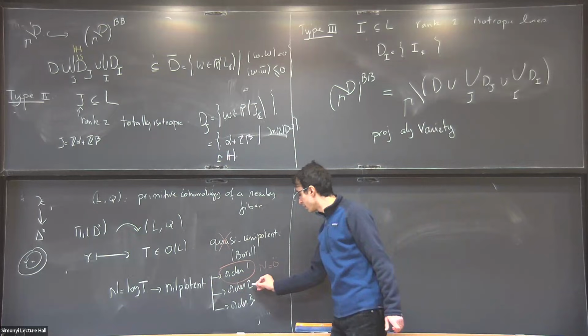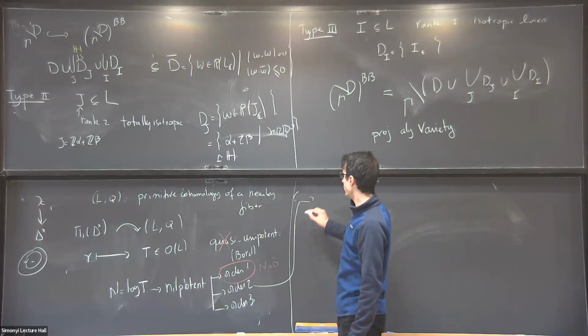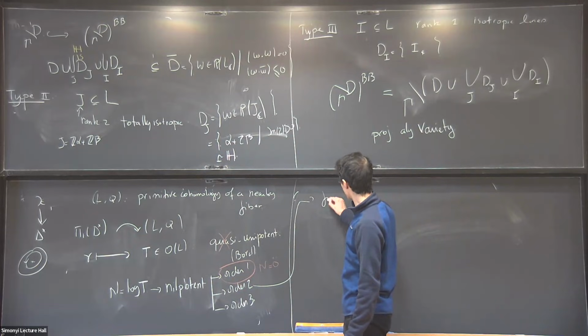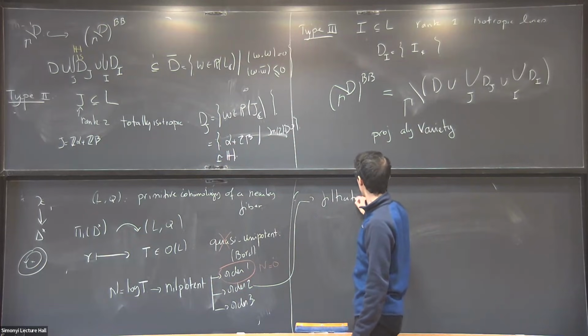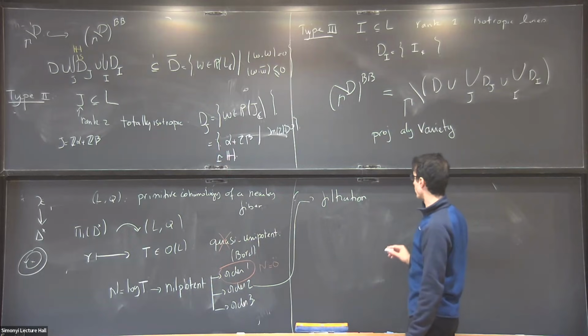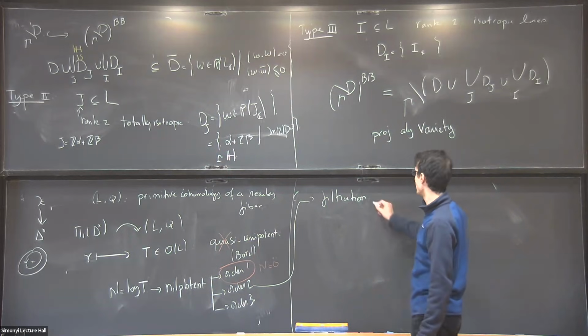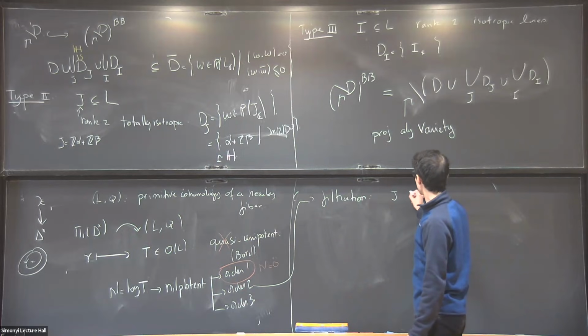And here, when you have a monodromy operator, you have a filtration associated to it, the monodromy weight filtration.